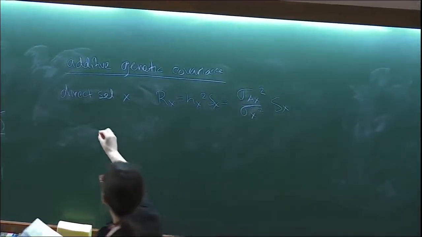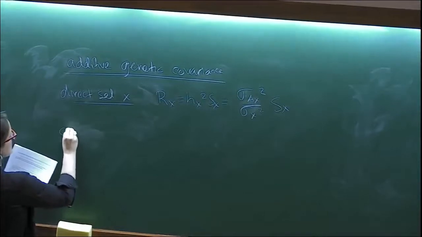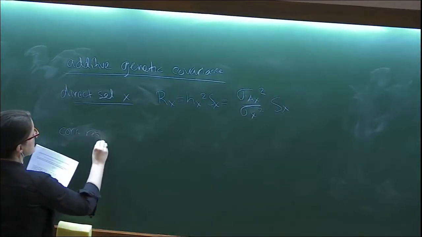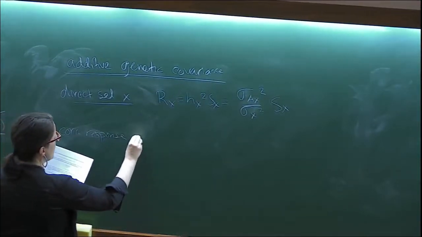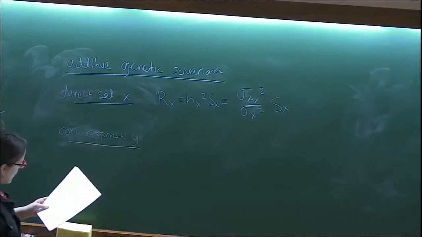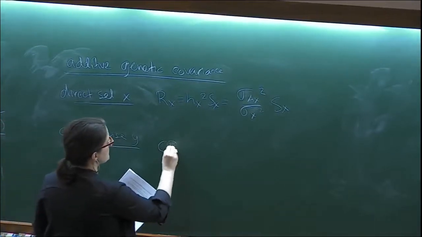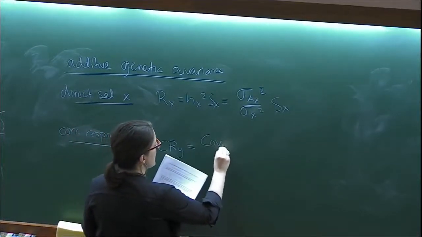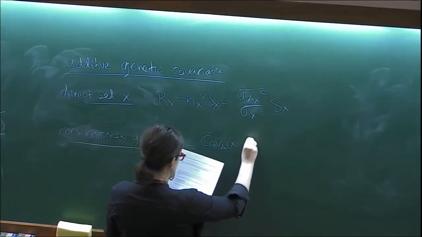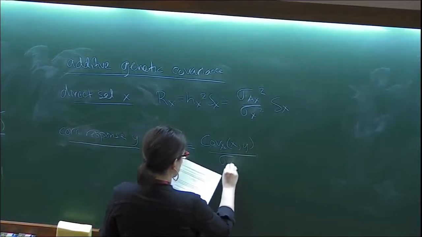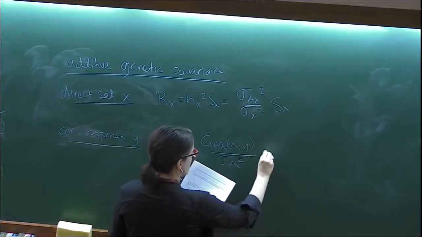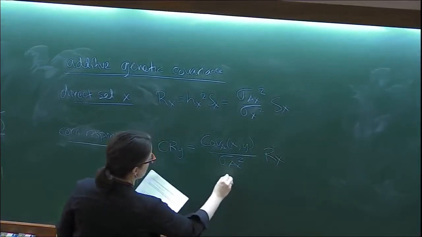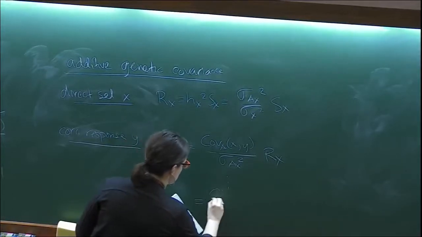But if I directly select on X and then ask, what's the correlated response in Y? I find, I'll call it the correlated response in Y, that it's governed by the additive covariance between X and Y. And a little bit of rearranging gives this version.